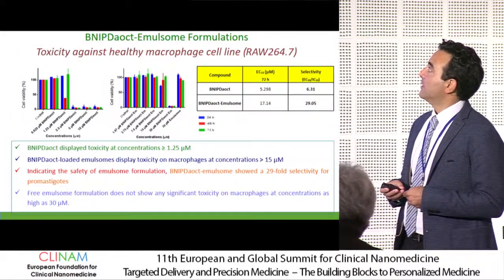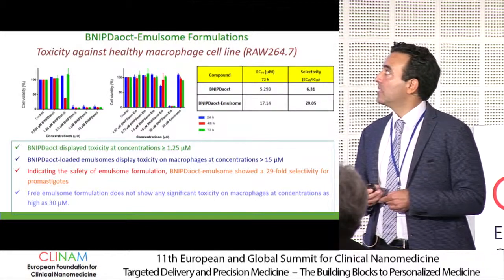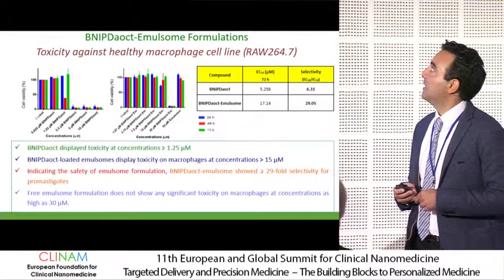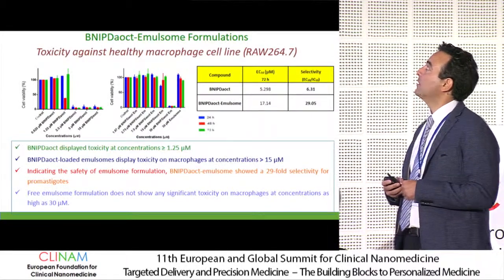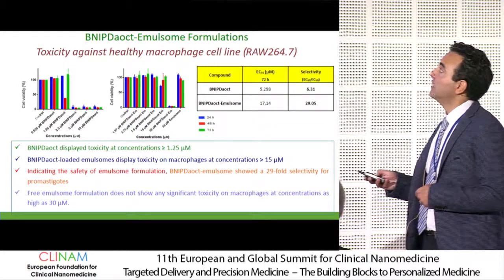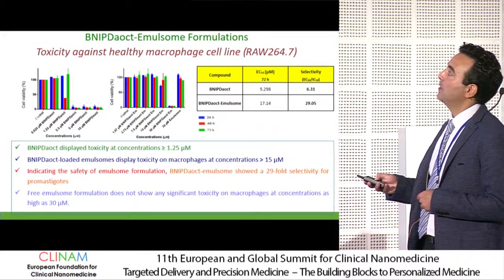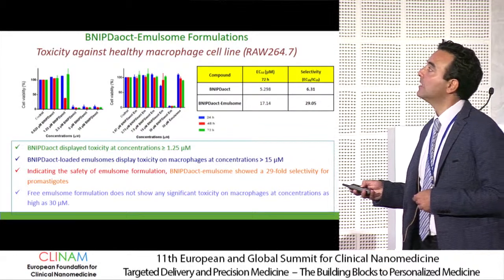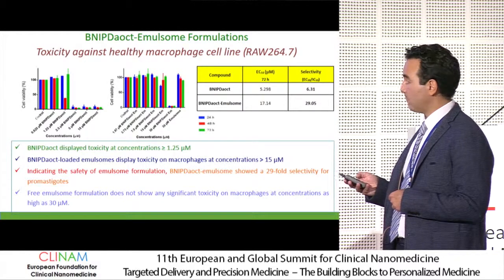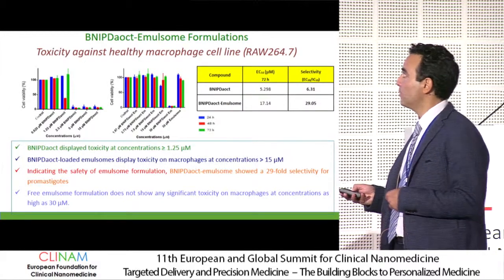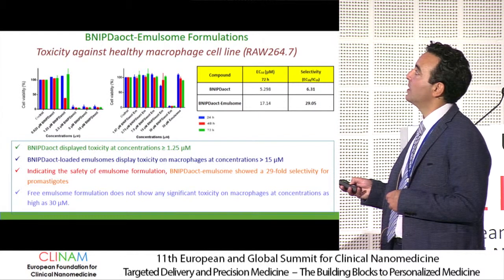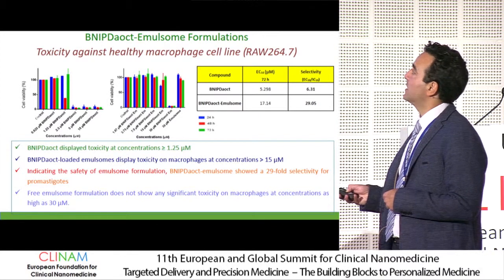And then we have also done the toxicity studies with the healthy macrophage cell line, RAW 264.7, and we have seen toxicity in the studies with BNIP DAOCT free form molecules, whereas the encapsulation within the emulsions decreased this toxicity.